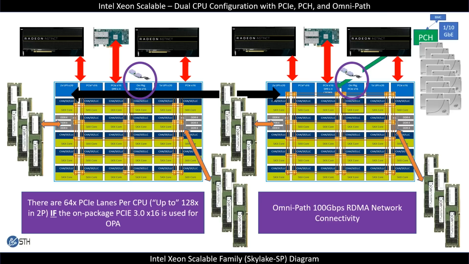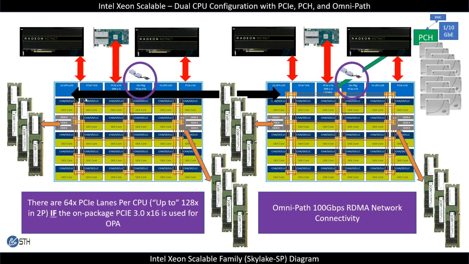But from an architectural standpoint, there is one major difference. On the high-end SKUs that actually have fabric, there's an extra PCIe x16 lane or hub that's being used. It's a different controller, so another stop on the mesh interconnect. But it also changes our count.